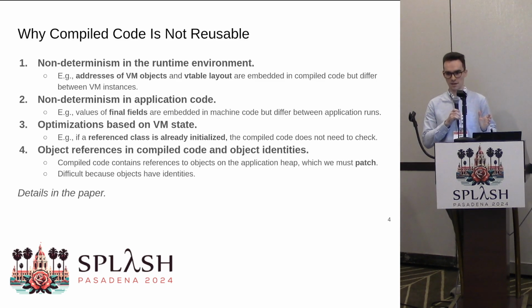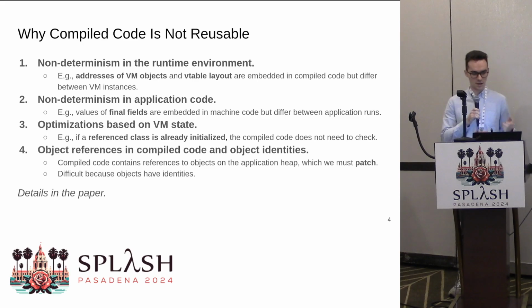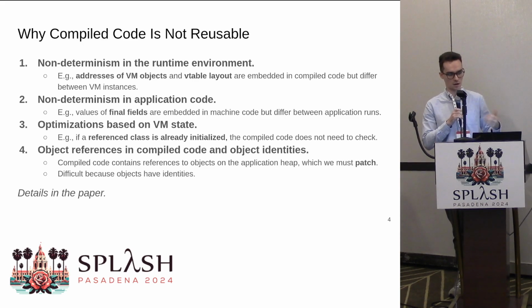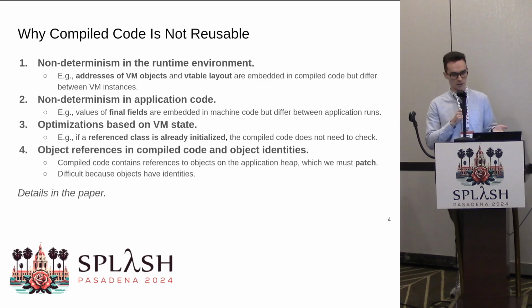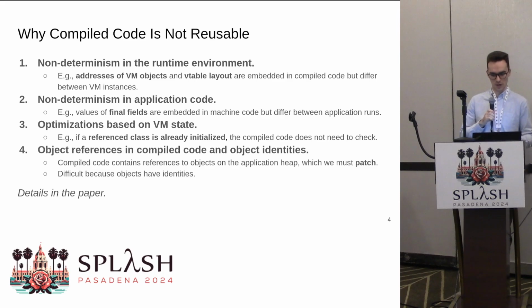So what I mean by this, for example, in the HotSpot JVM, the compiled code can directly reference VM objects. So the addresses of these objects are embedded inside the compiled code. The problem is that the runtime allocates these objects at different addresses every time the VM is invoked. So reusing that code is usually not correct.